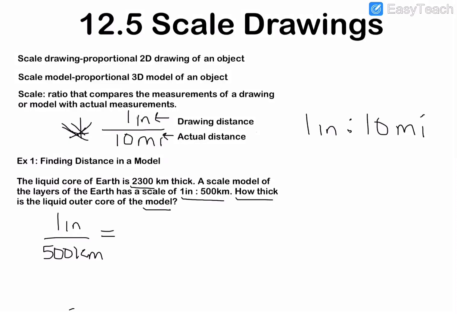Equals. The 1 represents the model thickness of the scale, and we're trying to find out how thick that core is in the model, so we're going to make that part the x. And we know that the actual thickness of that outer core is 2,300 kilometers.